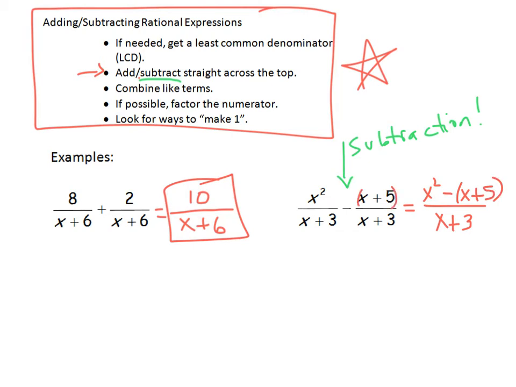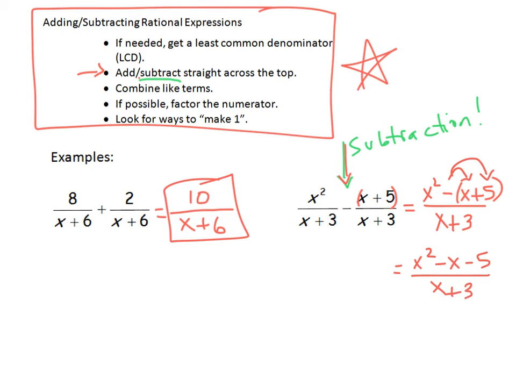This right here is a binomial factor, and we're subtracting that whole thing, which means we need to distribute this subtraction sign to both of the terms in that factor. So if I were to rewrite this again, I would get x squared, and now I'm going to subtract both of these items in that binomial factor, so minus x, and then minus 5. And that's all over x plus 3.